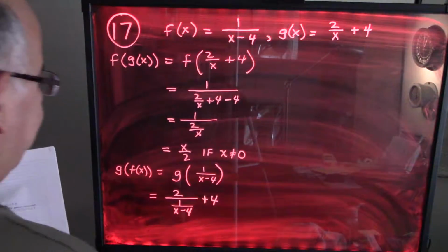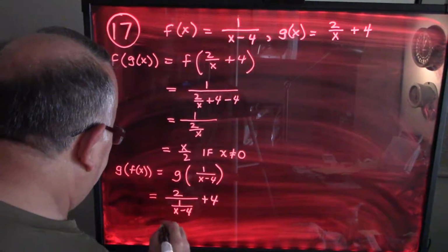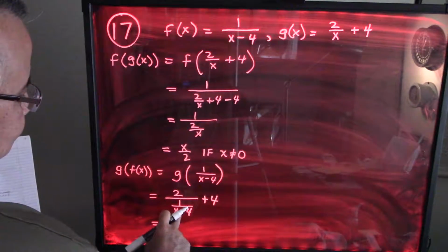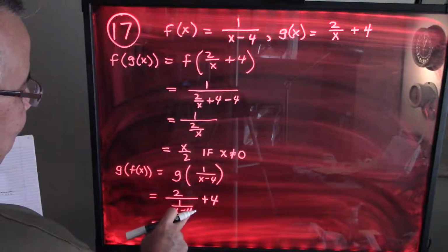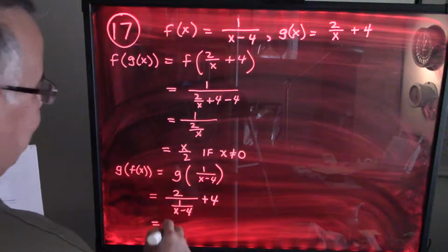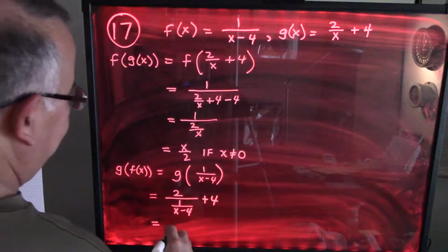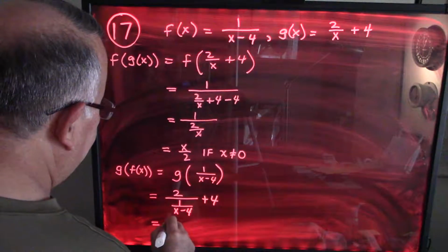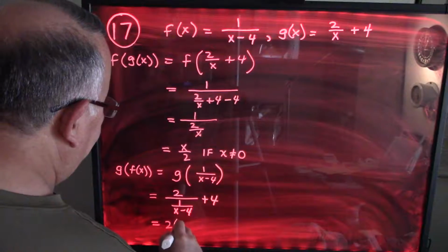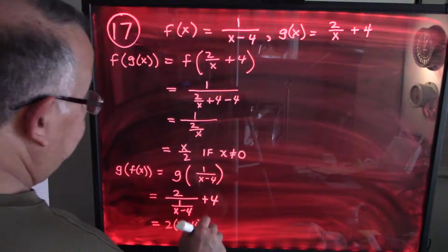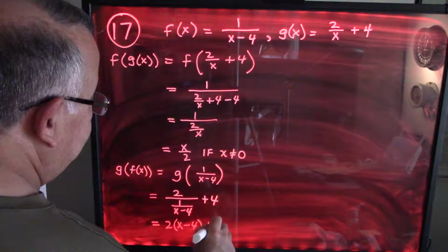Let me squeeze in the bottom line here. You invert the fraction down below and multiply by the top. So 2 times x minus 4 over 1, or just 2 times the quantity x minus 4, and then you plus 4 at the end.